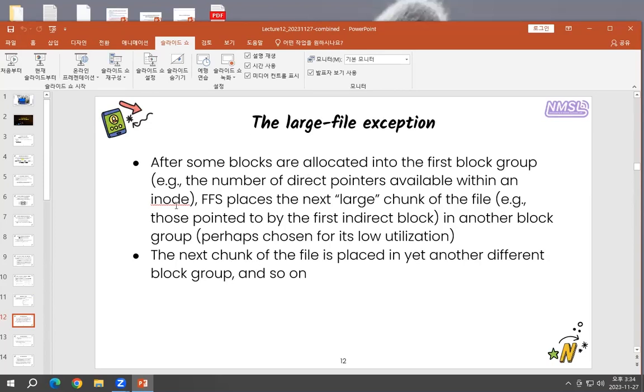After some blocks are allocated in the first block group, the FS places the next large chunk of the file in another block group. The next chunk of the file is placed in yet another different block group and so on.